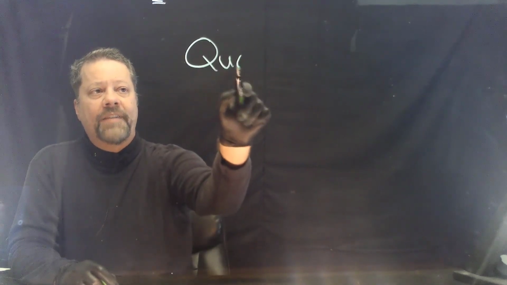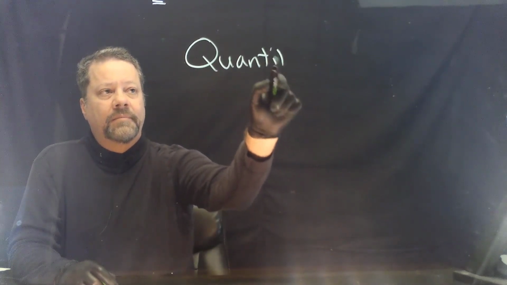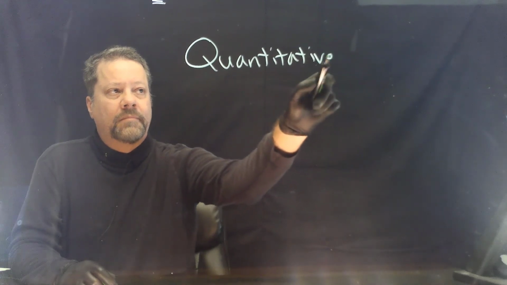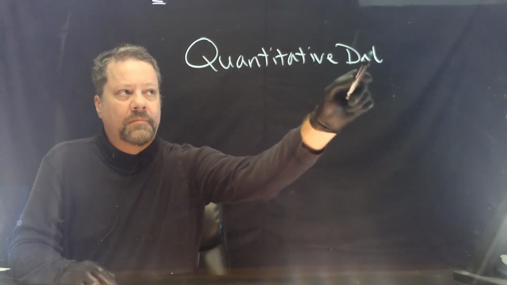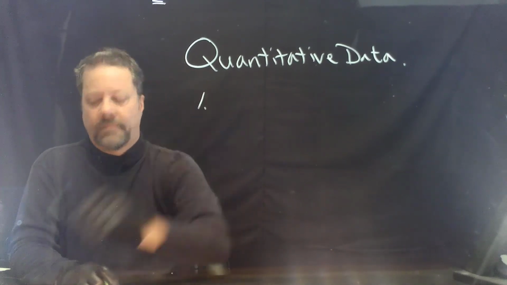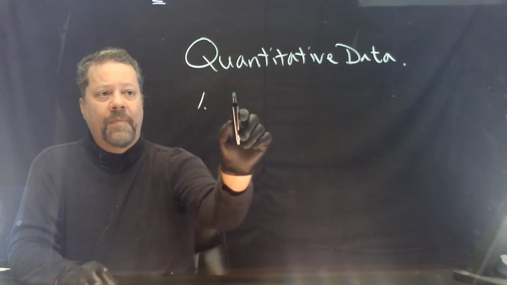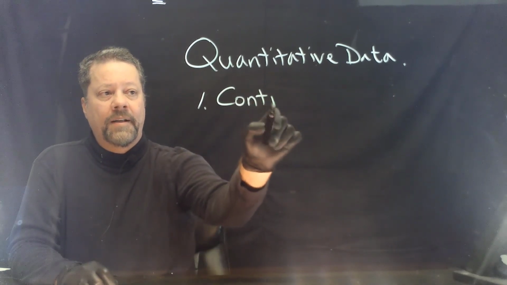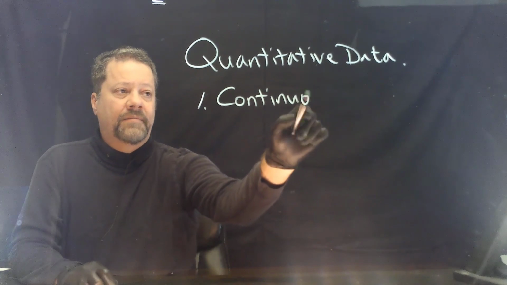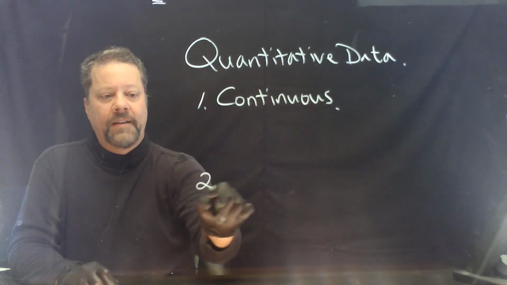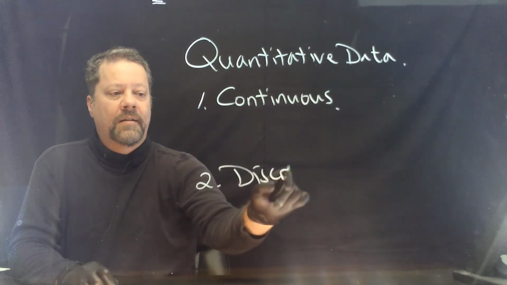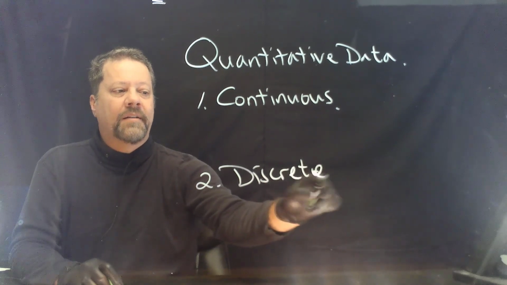There is a classification for quantitative data. For example, there is continuous data, and there is discrete data.